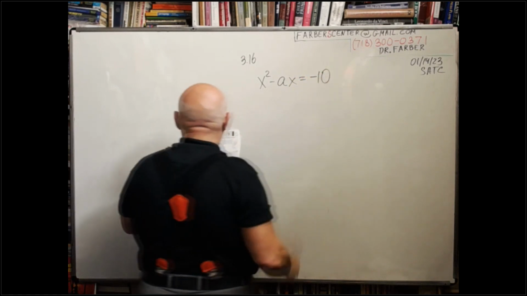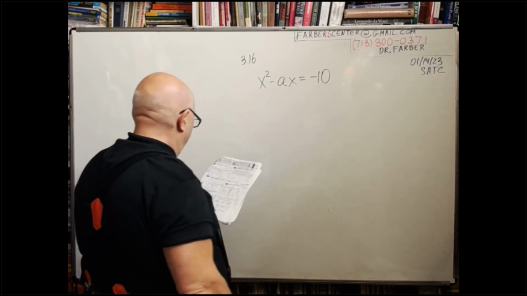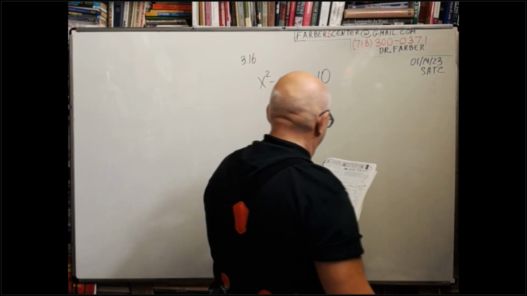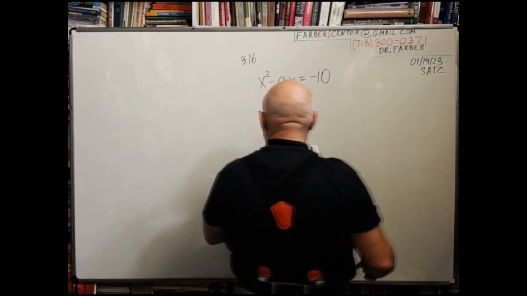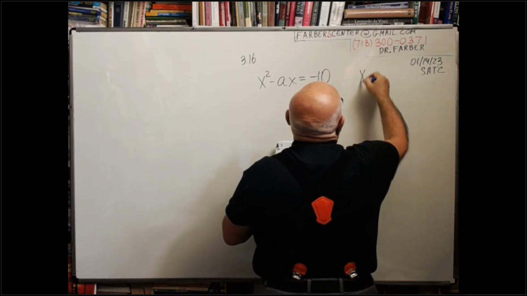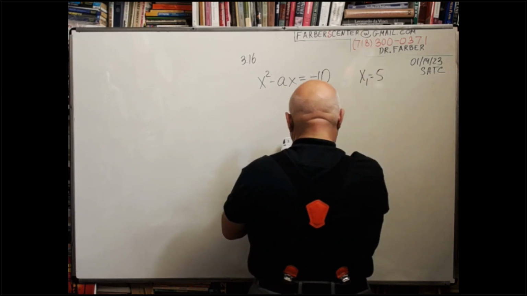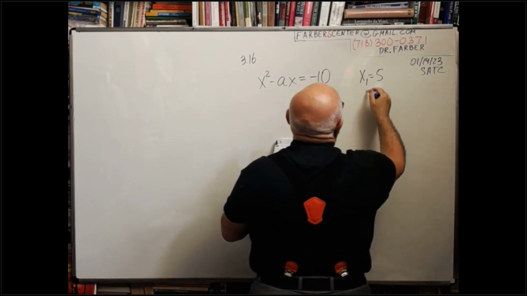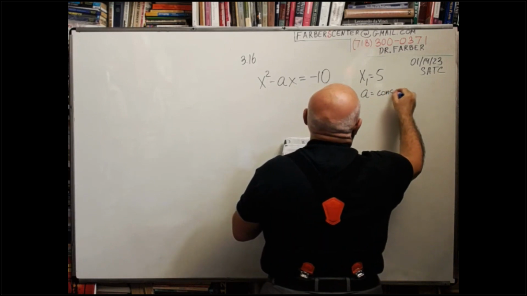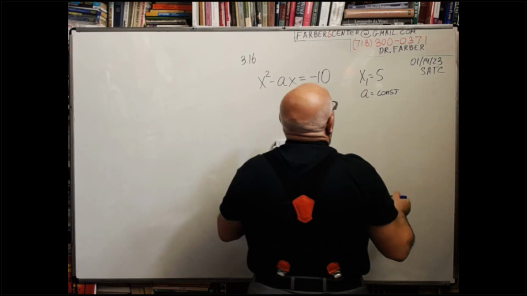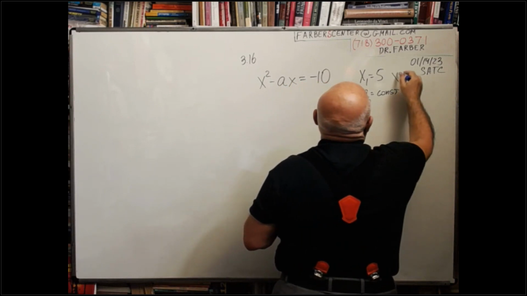This is given. The quadratic equation has two real solutions. One of the solutions is 5, x1 equals 5. And a is a constant. What is the other solution? Find x2.